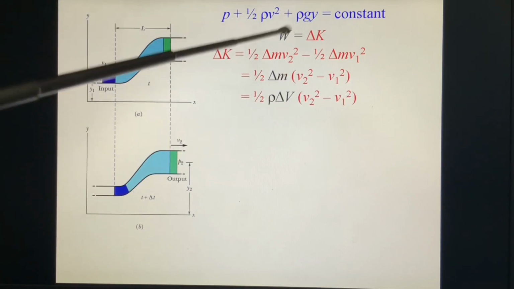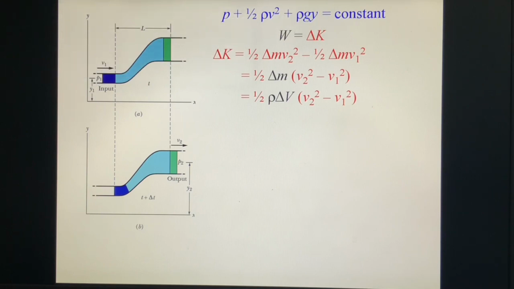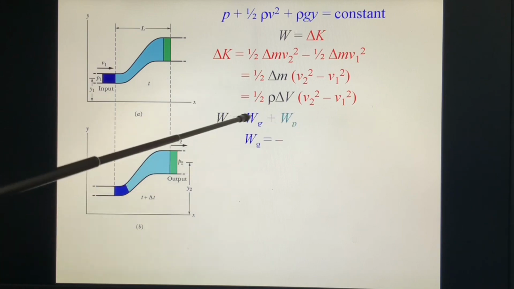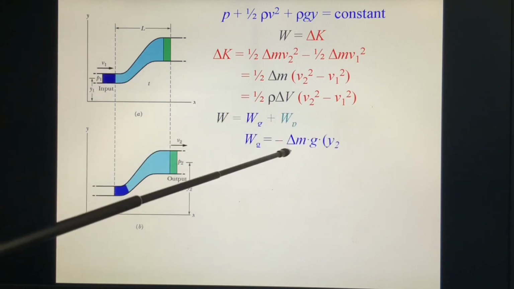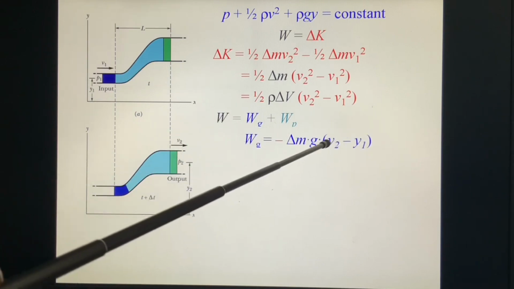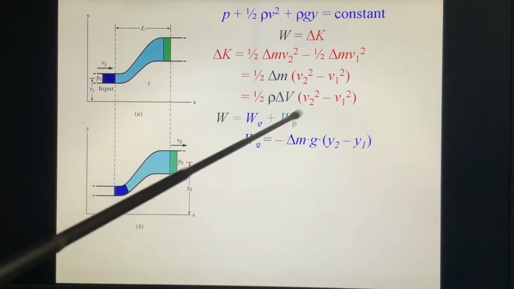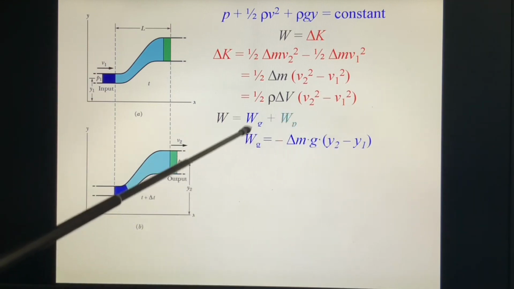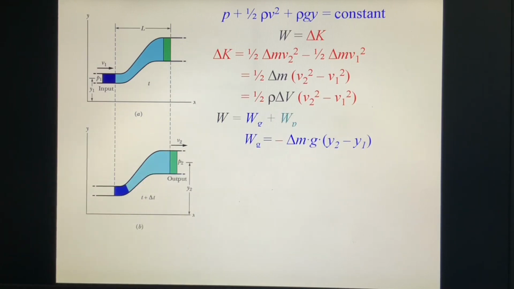What's the W? We have two forces involved. One is the gravitational force, one is the pressure of the water. Let's see the gravitational force, that equals mgh, minus. This is mgh, the gravitational potential energy, and minus is the work done by the gravitational force. This is by definition, right? With the pressure, we have two. This is pressure in, this is pressure out.